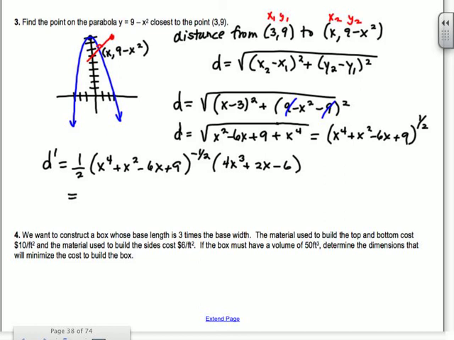On the top I have 4x cubed, so let's divide by 2 everywhere, since it's divisible by 2, and I have a 2 down there. So this becomes 2x cubed plus x minus 3 all over the square root of x to the fourth plus x squared minus 6x plus 9.